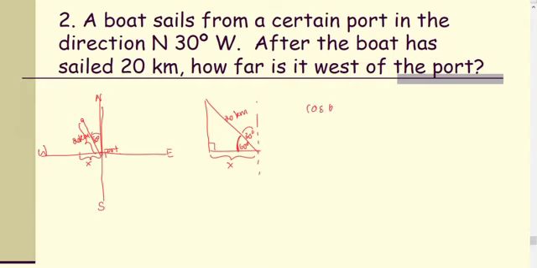Therefore, the cosine of 60 degrees equals x divided by 20, or x equals 20 multiplied by cosine 60 degrees. From the exact value table, cosine 60 is 1/2. 20 multiplied by 1/2 is 10. That means the boat has traveled 10 kilometers west from the port.